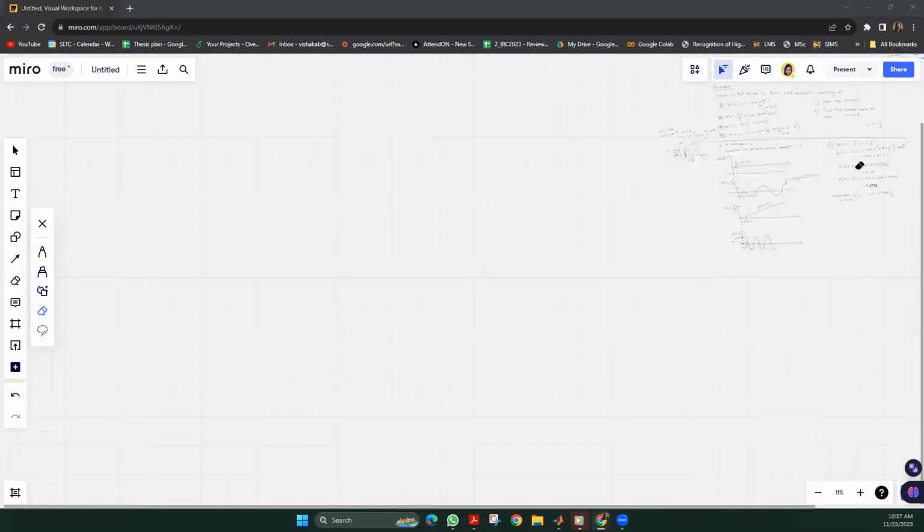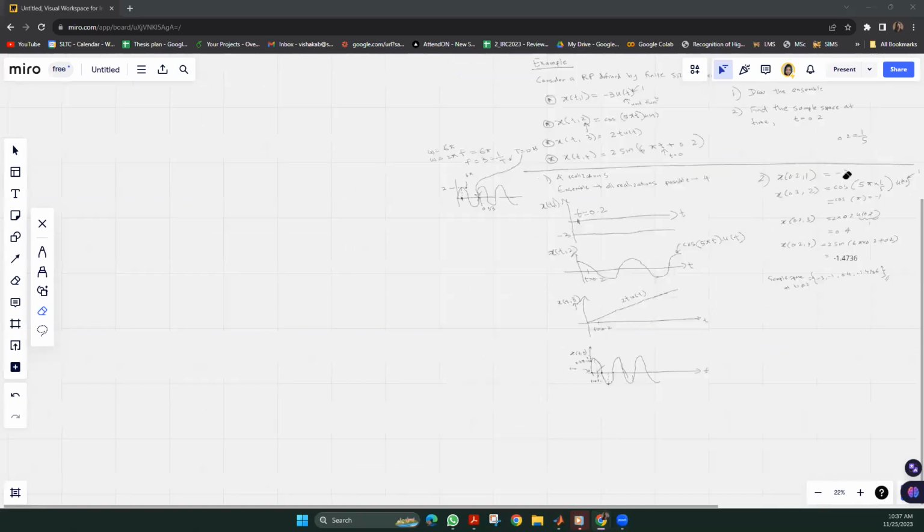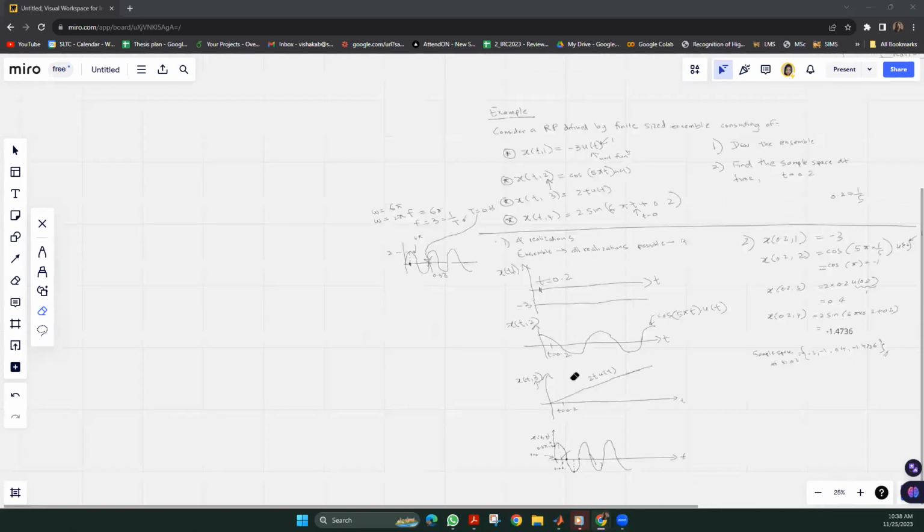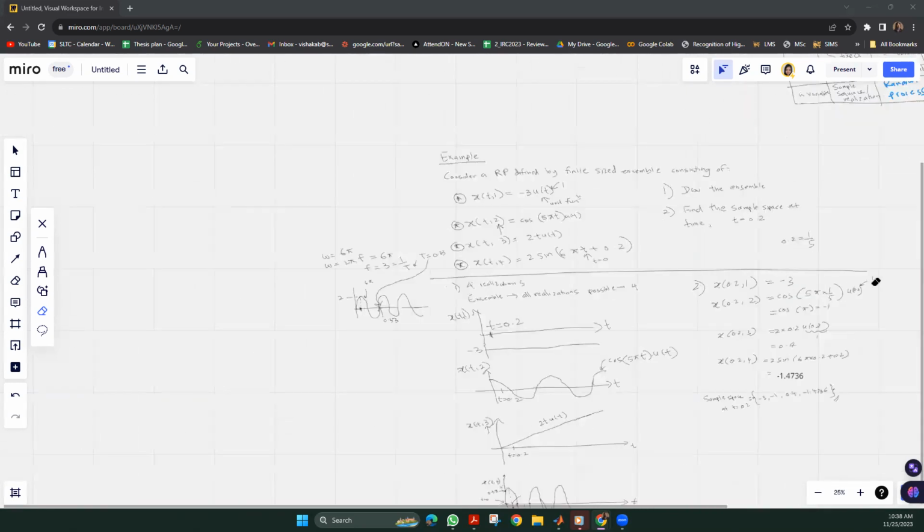And that is basically regarding that question. Once you draw the sample diagrams, it's very easy to find the values of the functions. You can just substitute the value of the time for each of the realizations, find the values for that specific time instance, and collect them all into one, which can be considered the sample space for that specific time instance.